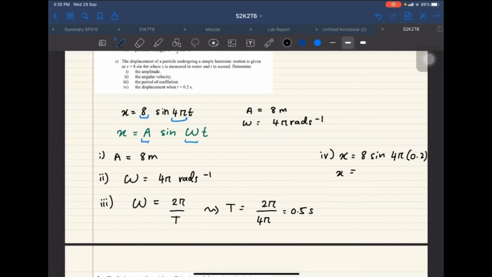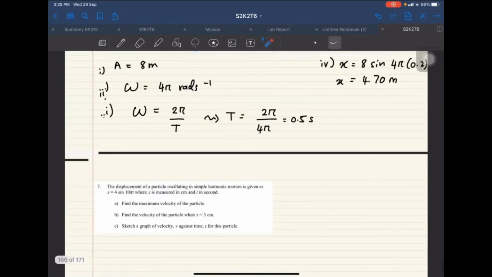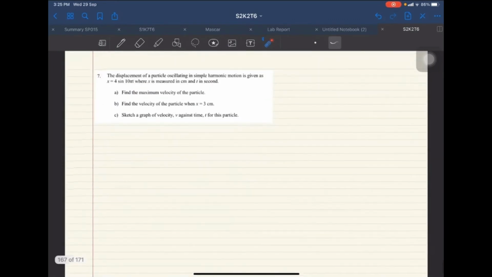Kena pakai radian sebab 4 pi 0.2 tu unit dia radian. 4.70 meter. So it really depends on the unit of the amplitude tu lah. Kalau yang ni dalam sentimeter, find the answer dalam sentimeter as well. So in this case, dia dalam meter lah. Okay, moving on to the next question.